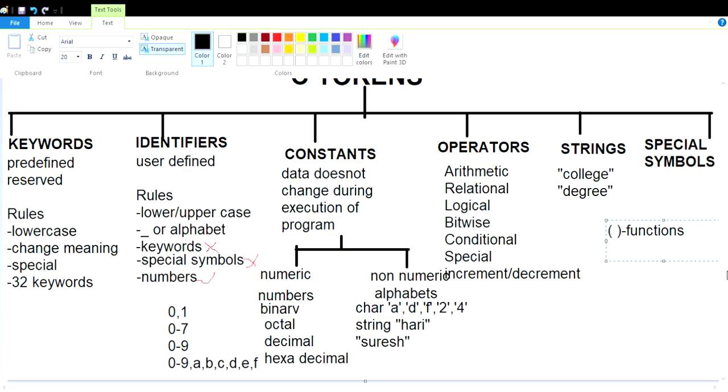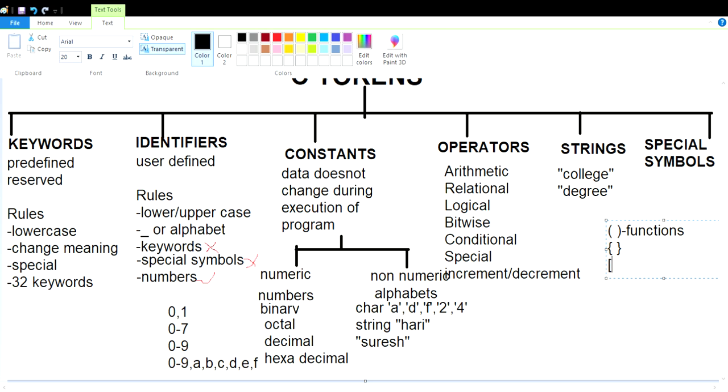And next one is open flower bracket, closed flower bracket. These are used for the starting and ending of any part of the program. Okay, so that is the use of the flower braces.